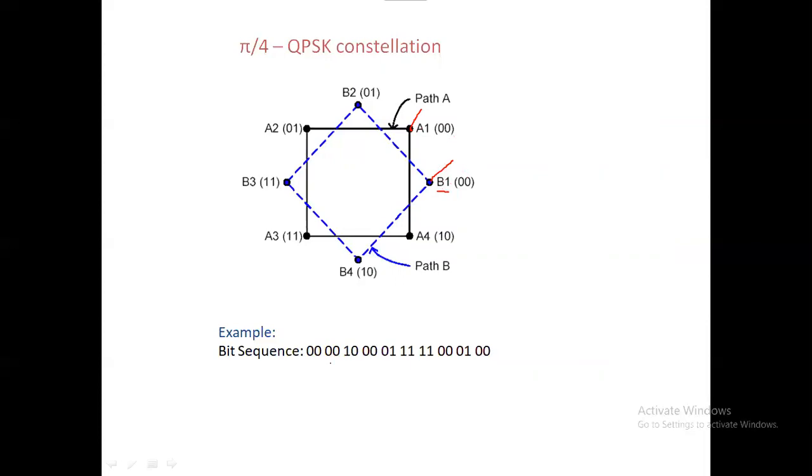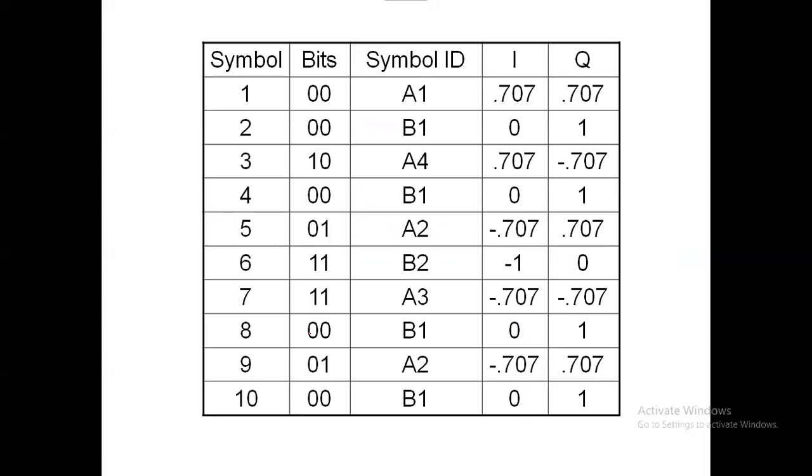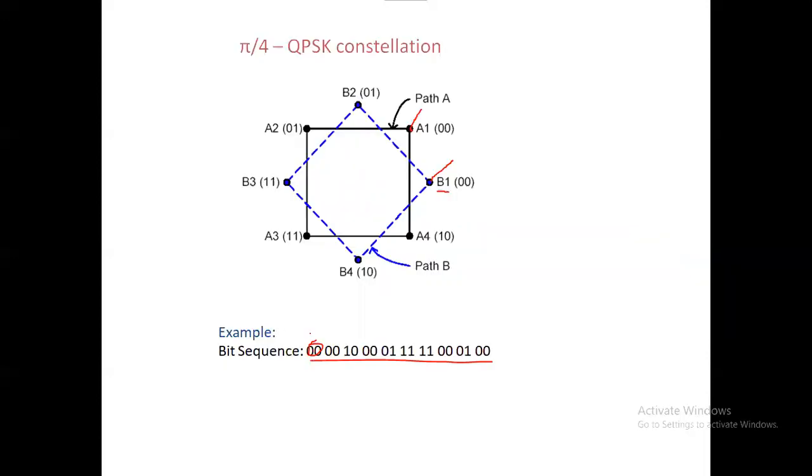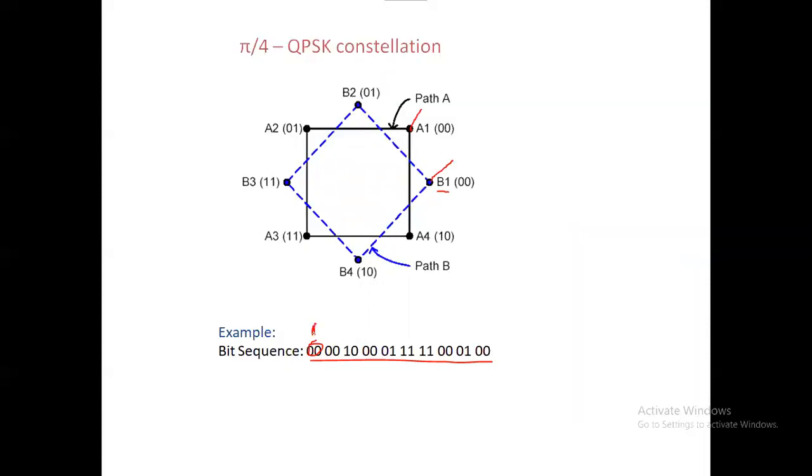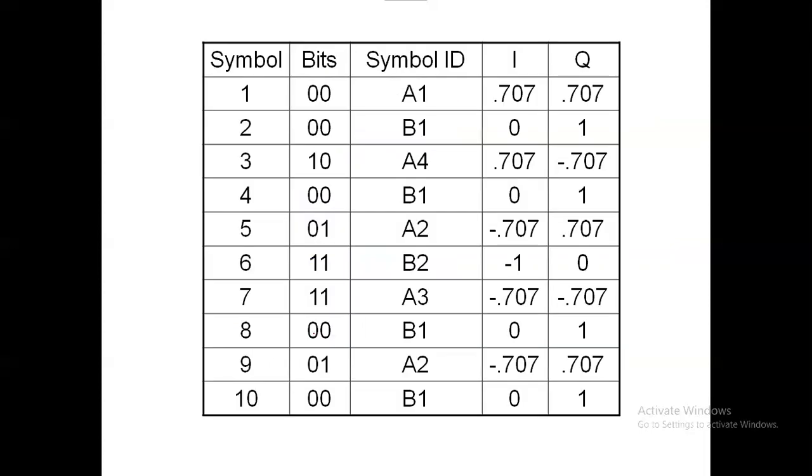So if we have a randomly chosen bit sequence like this, it will be transmitted like this: 0, 0, let's suppose it starts from A1. So it will start from A1, and then we have 0, 0. It will be from B1, and then we have 1, 0. So 1, 0 will start from A, so it will be A4.